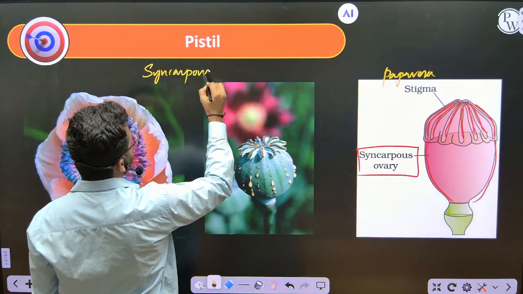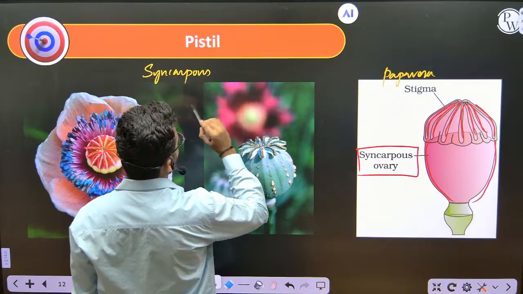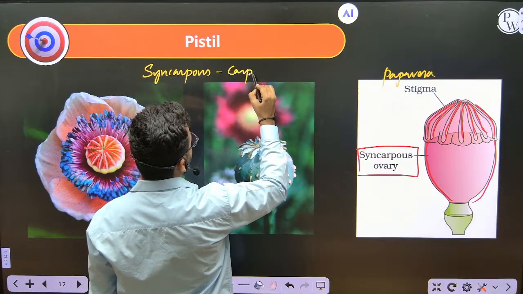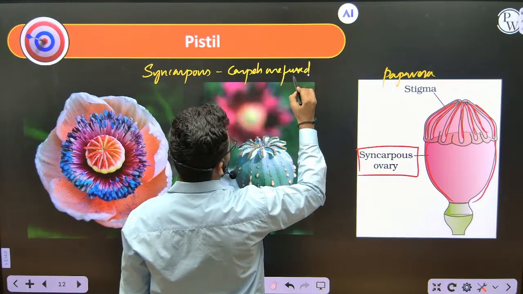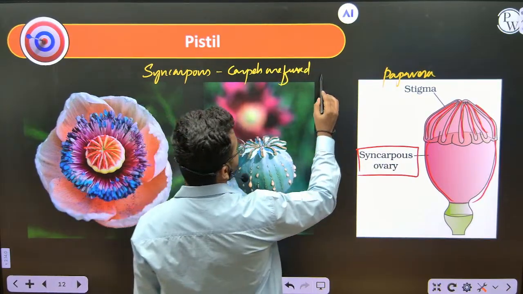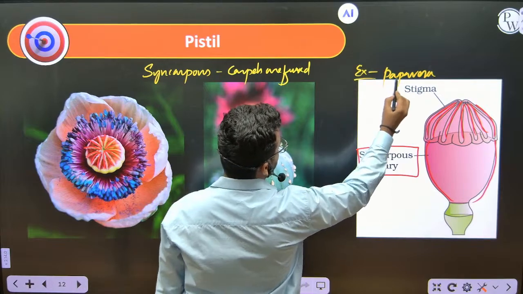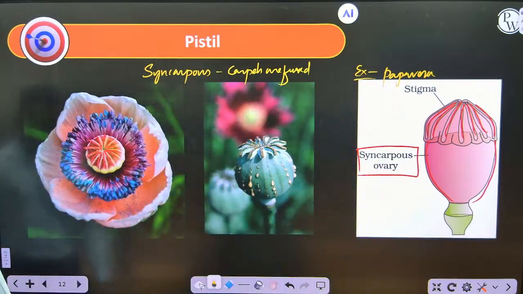Here it is syncarpous flower with carpels fused. Its carpels are fused, and example for this is Papaver somniferum or papaya.